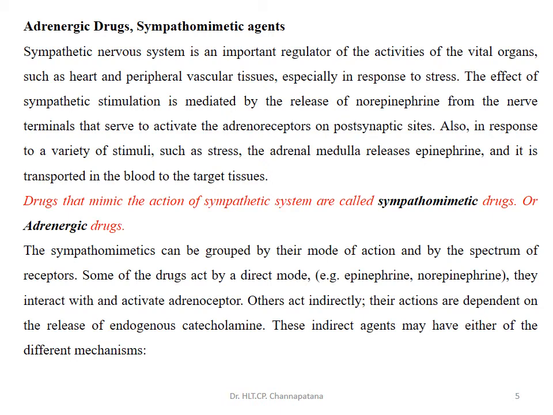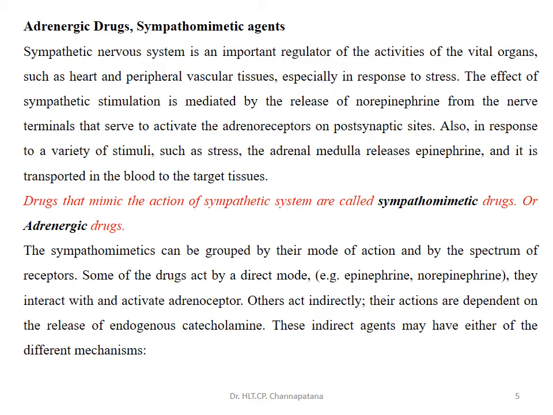Now these sympathomimetic drugs are grouped into three classes based on their mode of action, that is directly acting, indirectly acting, and agents having a mixed mechanism. Directly acting means they directly bind like epinephrine or norepinephrine to the adrenoreceptor and show their action.